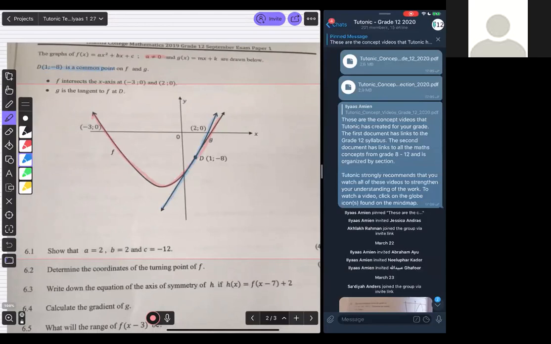So it's a point on both graphs. If you sub in 1 into the straight line graph and you sub in 1 into the parabola, it will both give you minus a. And it says F intersects the x-axis at -3 and 2. So that's quite important. And then it says G is a tangent.